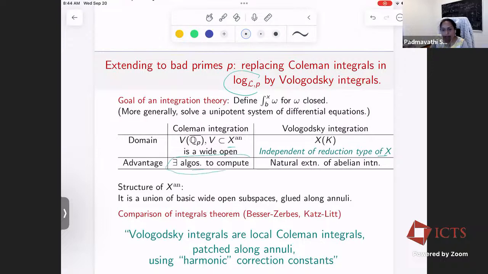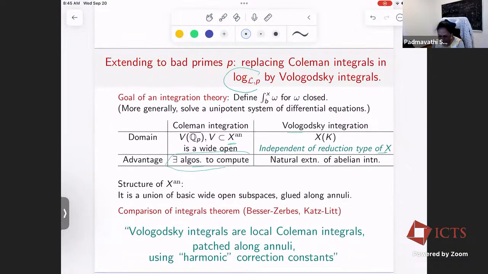So we need some way of taking these computations of Coleman integrals on these subdomains in your analytification and teasing out from it the Vologodsky integral, the integrals that show up in p-adic heights. So the slogan here is that Vologodsky integrals can be computed from Coleman integrals on these subdomains.